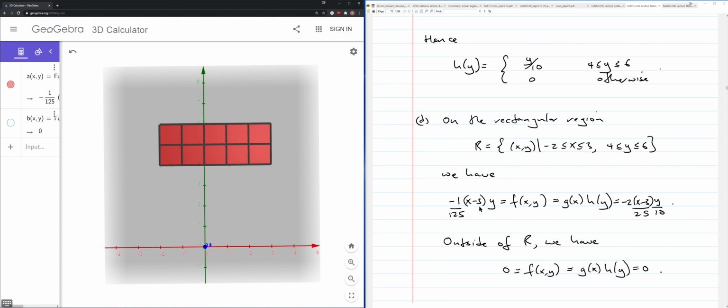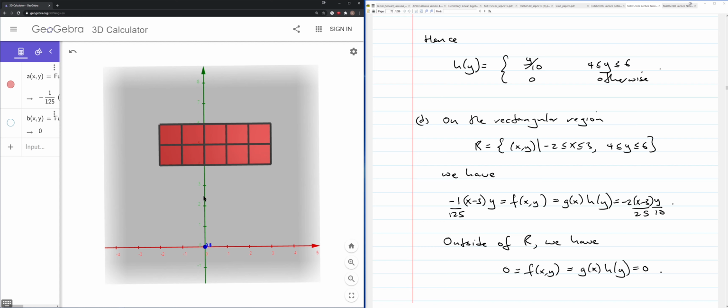But what about outside the rectangular region? Let's say I'm over here, where y is less than 4. The f of x y is non-zero only when y is between 4 and 6, so if you're over here, f of x y is going to be equal to 0.